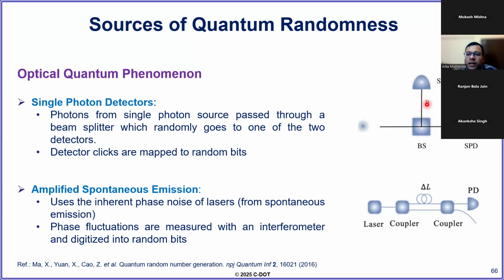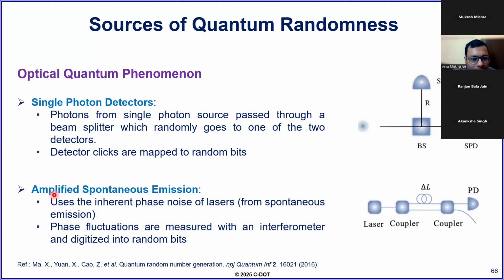Suppose if it is reflected, we assign a bit 0, and if it is transmitted, we assign a bit 1; then there is a 50-50 probability of getting 0 and 1. So typically this is a quantum random number generator. If you keep sending single photons to this beam splitter and record the detections in these detectors, we should get a random sequence.